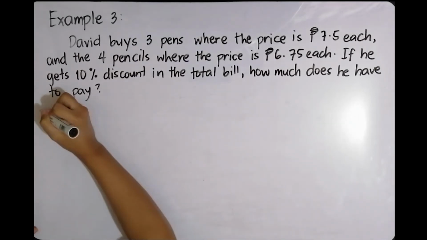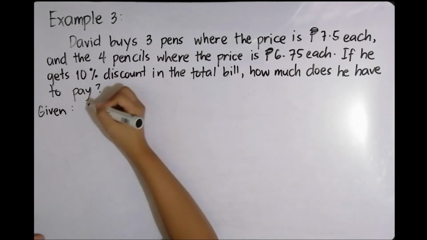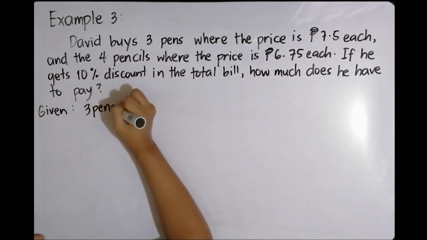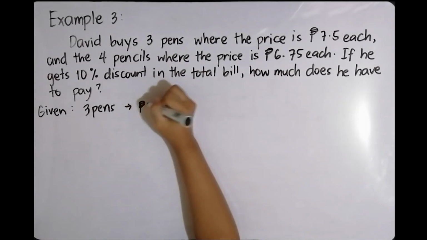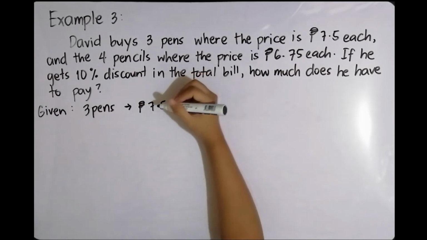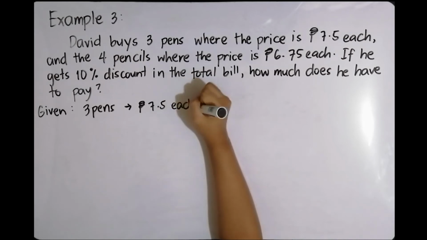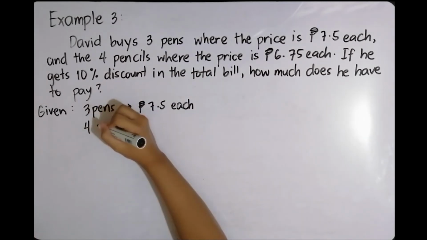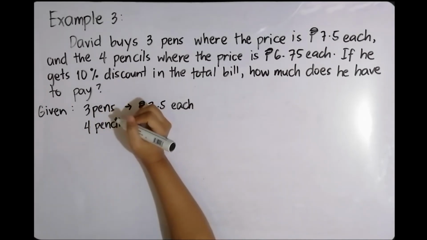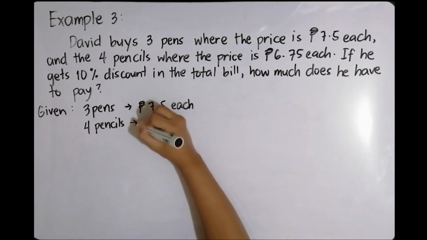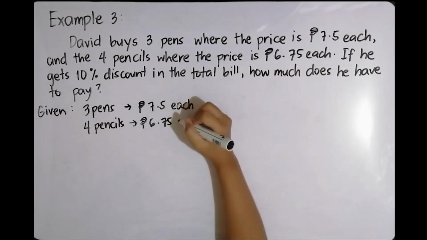So let us have the given. We have here 3 pens. These 3 pens cost 7.5, or 7 pesos and 50 cents each. And we have 4 pencils, which are 6 pesos and 75 cents each.